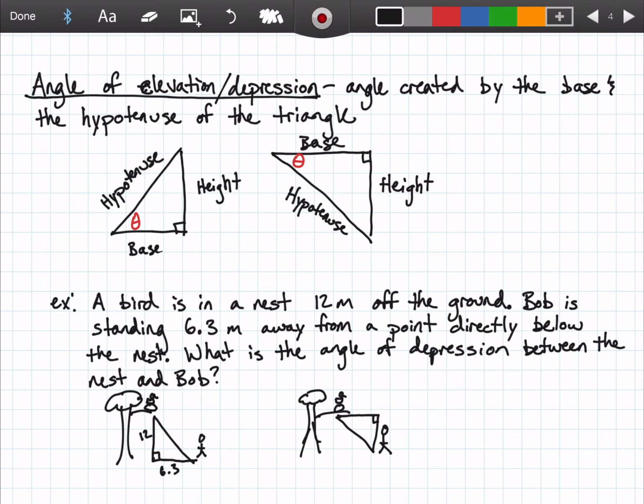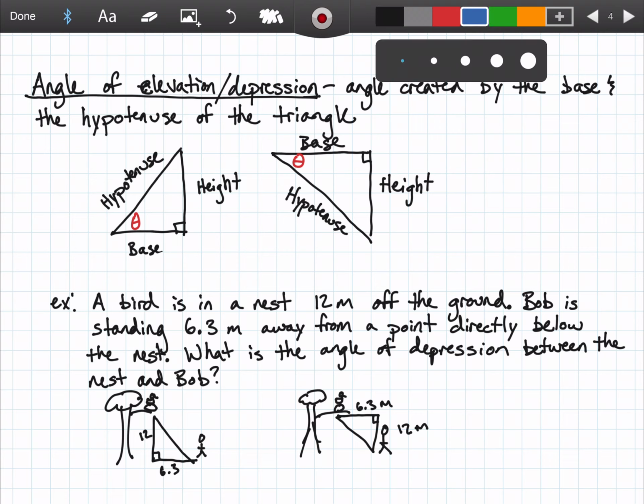Technically, if I am talking about here, this would be 6.3 because that's the spot below, and the height from there is 12 meters. I'm not saying Bob's 12 meters. I'm saying that height between the branch and the nest and the spot above Bob is 12. So if I was being really technical, angle of depression would technically be this one. But guess what?